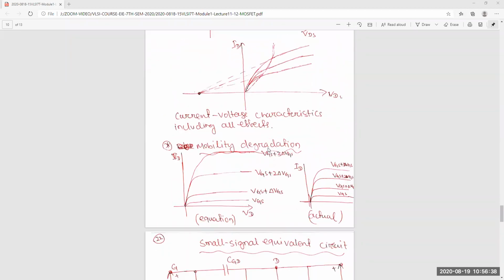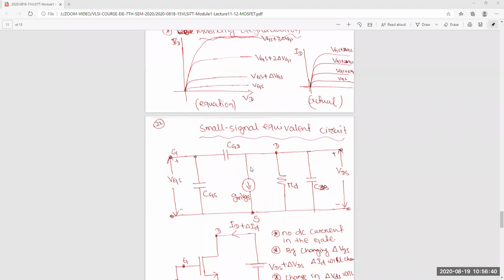Current is constant after that threshold if you are changing VDS. Yes, sir, it's constant if we don't take channel length modulation. Actually, channel length modulation is always there, so you cannot take it constant. It will slightly increase.